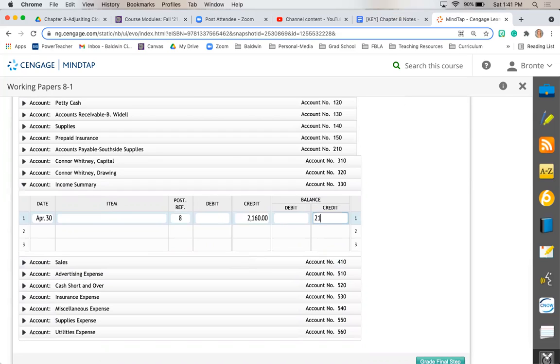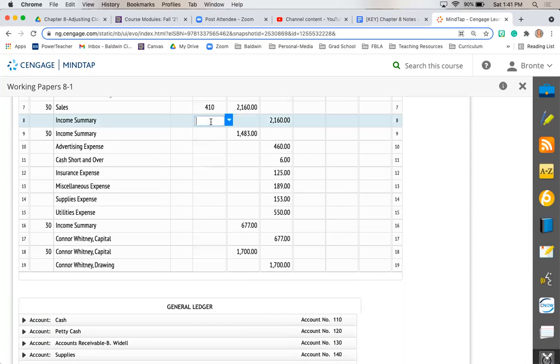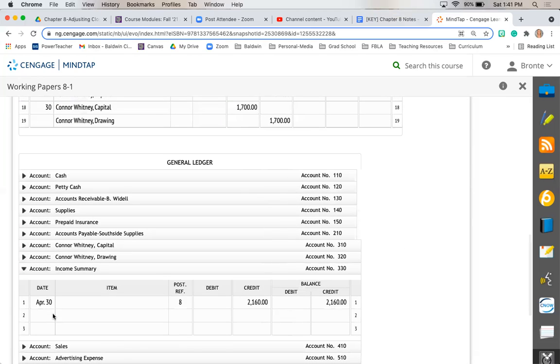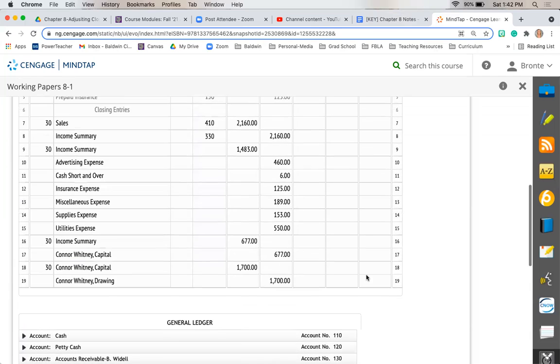It's going to create our balance, 2,160. 330 is our account number. Next, we're giving a debit back to income summary, 1483. 30th, page 8, 1483. That's going to bring our credit balance down because we're going to subtract that. 677 is our new balance there. Plug our account number in.